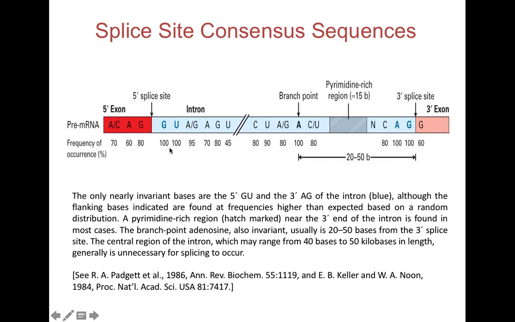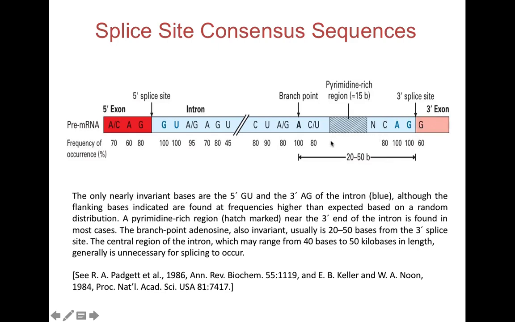So 100 means almost all the introns would contain a G at their 5' splice site followed by a U all the time. And the same is true for the 3' splice site, that an intron at its 3' end would contain an A and a G 100% of the time, so all the time. The other numbers like 80 or 60 indicate that 80% of the times you would find a C here.